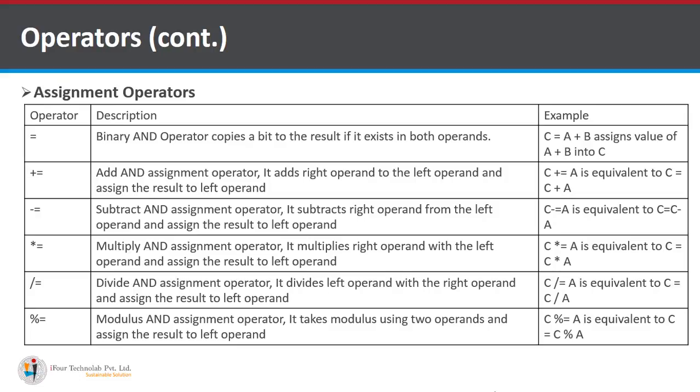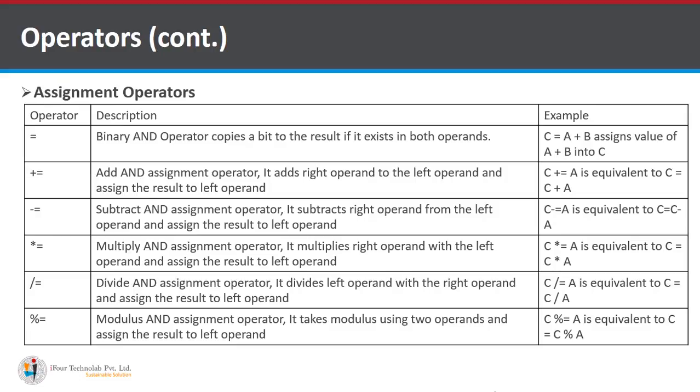Here you can see C multiply equal to A is equivalent to C equal to C into A. Divide and assignment operator divides the left operand by the right operand and assigns the result to the left operand. So C divide equal to A is equivalent to C equal to C divide A.